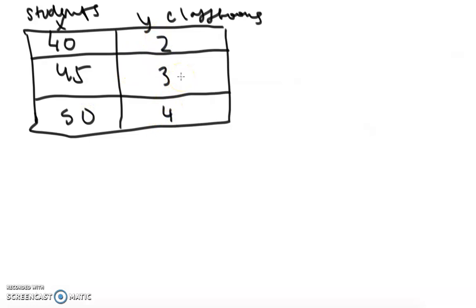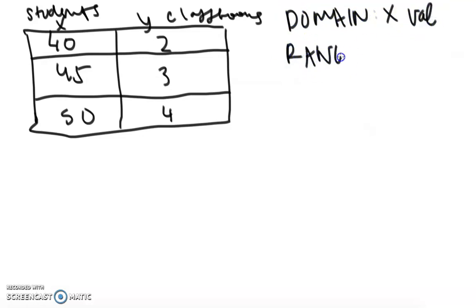Okay, so now all we're going to do is identify the domain and range. Just think of it, it's simple. Domain is x values. Range, y values. We just list it in a little tiny different way.